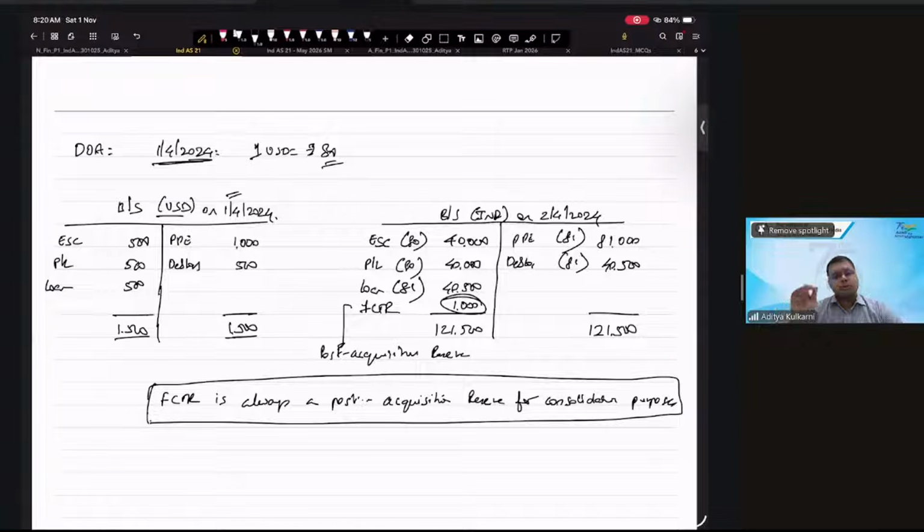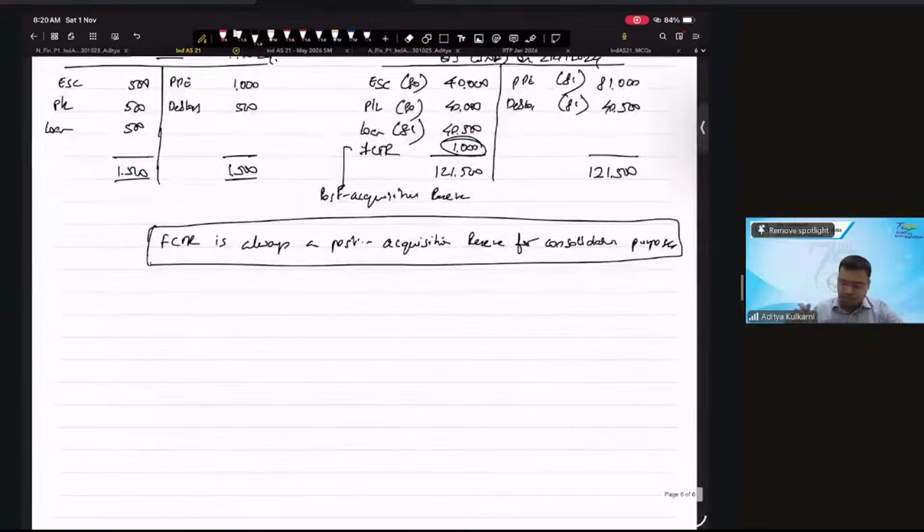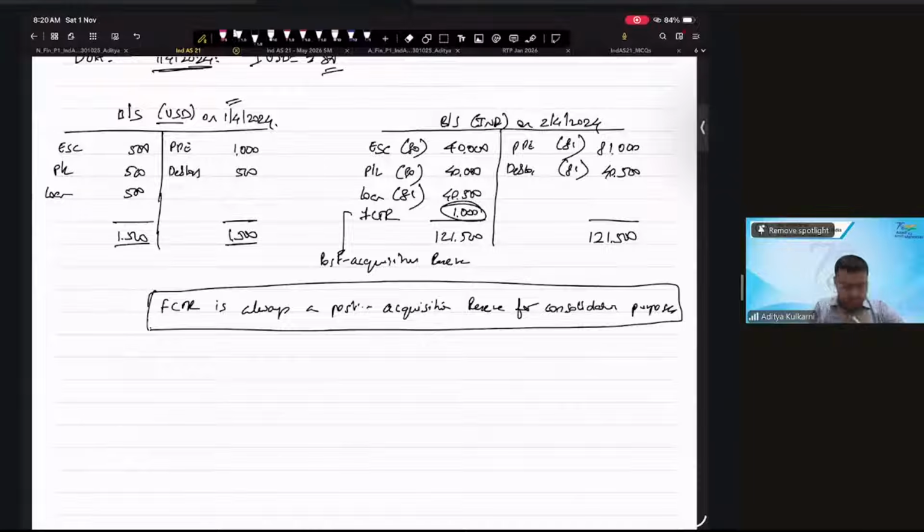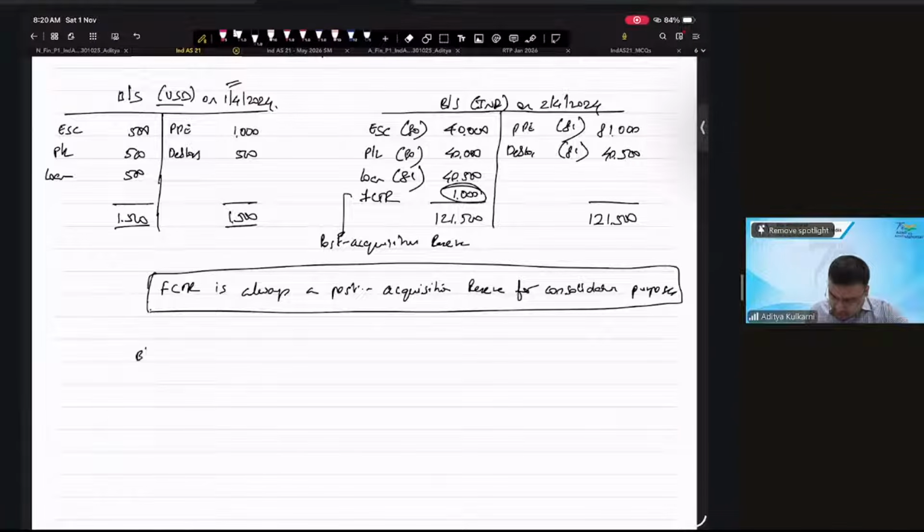Now, suppose I'm just extending this further and further. We shall take the same position on 31st March 2025, one year later.